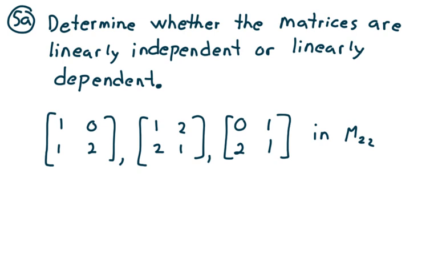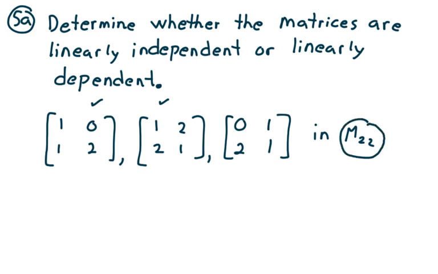Let's look at 5a. It says, determine whether the matrices are linearly independent or linearly dependent. This is another great exercise. Suppose we have the first matrix, which is [1, 0; 1, 2], the second matrix, which is [1, 2; 2, 1], and the third matrix, which is [0, 1; 2, 1], and these are all in the set of all 2 by 2 matrices.